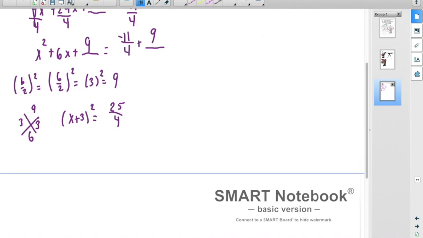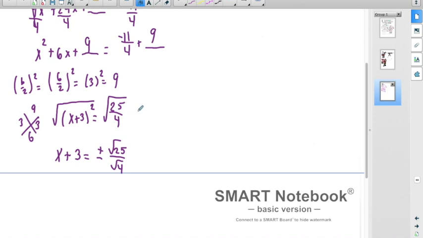Now, I gotta get the x by itself, so I'll have to square root both sides. I guess we're only working with purple, because the other ones will not work. So square root both sides, then I'm left with x plus 3 is equal to plus or minus the square root of 25 over the square root of 4.